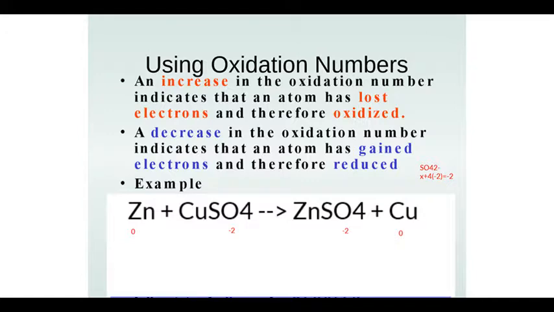So if we solve this algebraically, we get that X is equal to +6, because we shift the -8 to the other side, and you do that by adding it to the other side, because that's the opposite of subtracting. And so we get that S is +6. It will be +6 in both of these compounds, because each of them have the exact same sulfate, and sulfate always has a -2 overall charge.